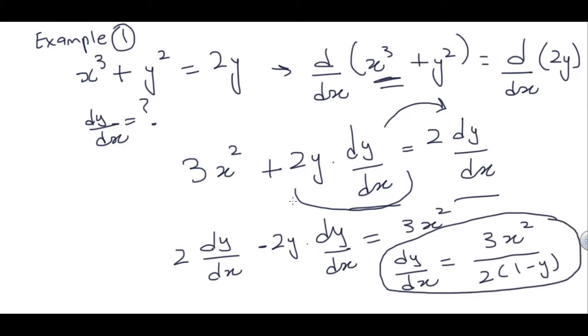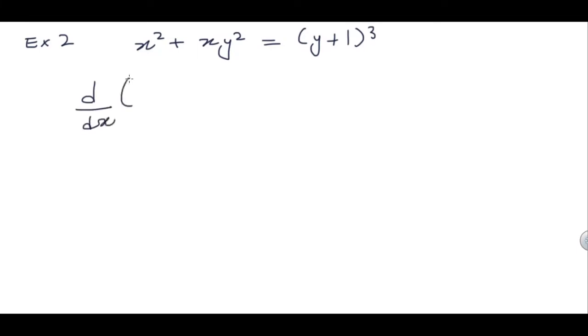So let's go with another example as well: x squared plus x y squared equals y plus 1 cubed. Just the way we did before, we are going to differentiate both sides, and it will be something like this.